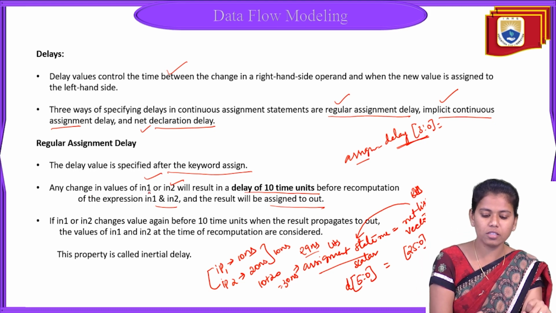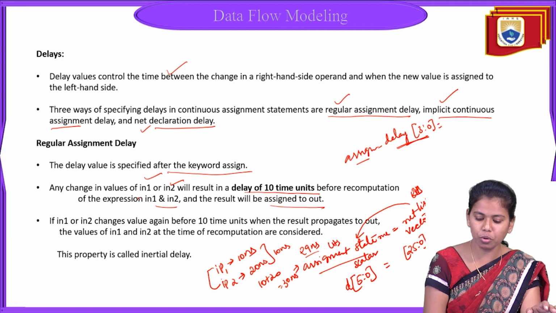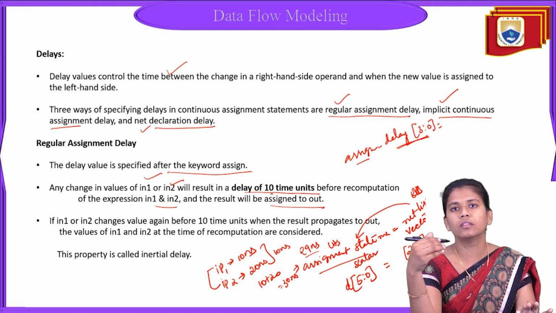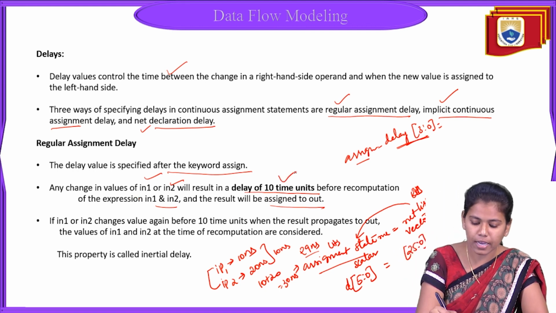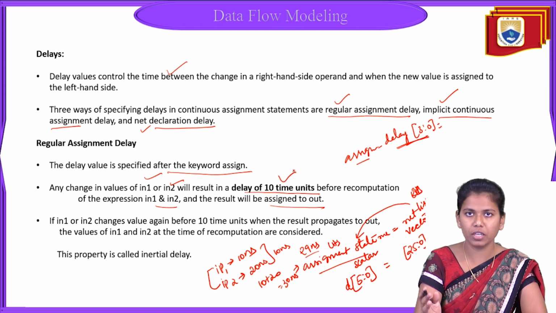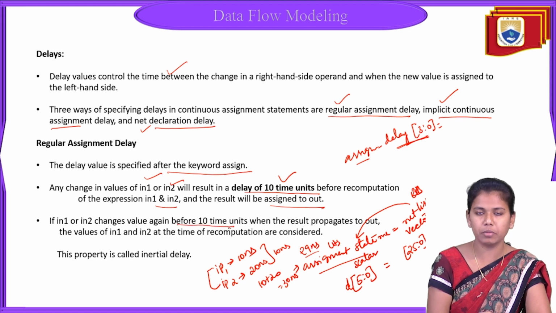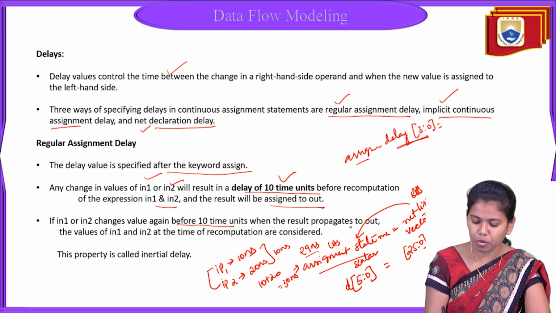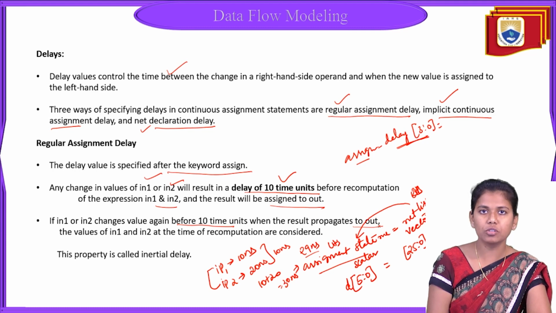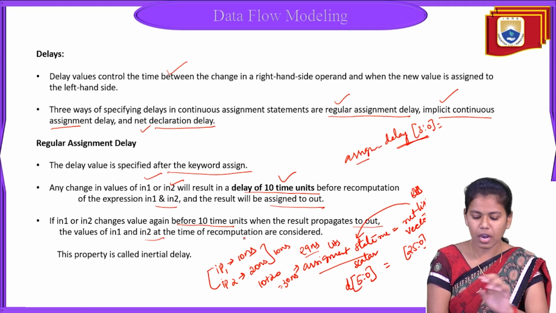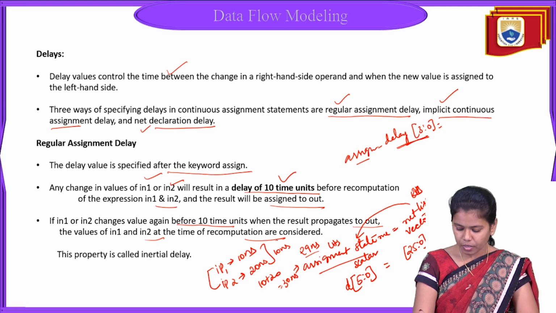Any changes in input 1 and or input 2 would be delayed by 10 time units before the computation, which we observe in the coming diagram. If input 1 or input 2 changes value again before 10 time units, then the result propagates to the output, and the values of in1 and in2 are to be considered.